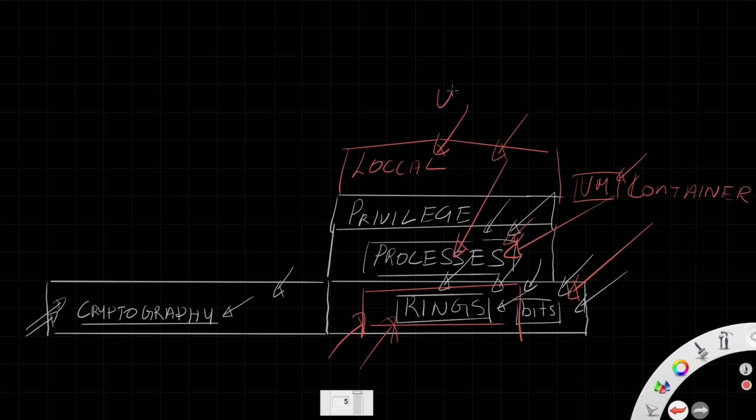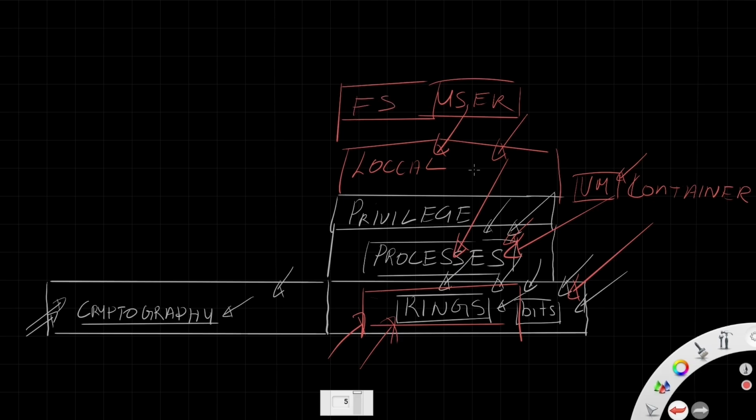The concept of user is created using these bits we are going to discuss. So local security: the concept of user, the admin user, normal user, different users of an operating system, different processes. It boils down to processes. Also file system security: a file can be accessed by a certain user.